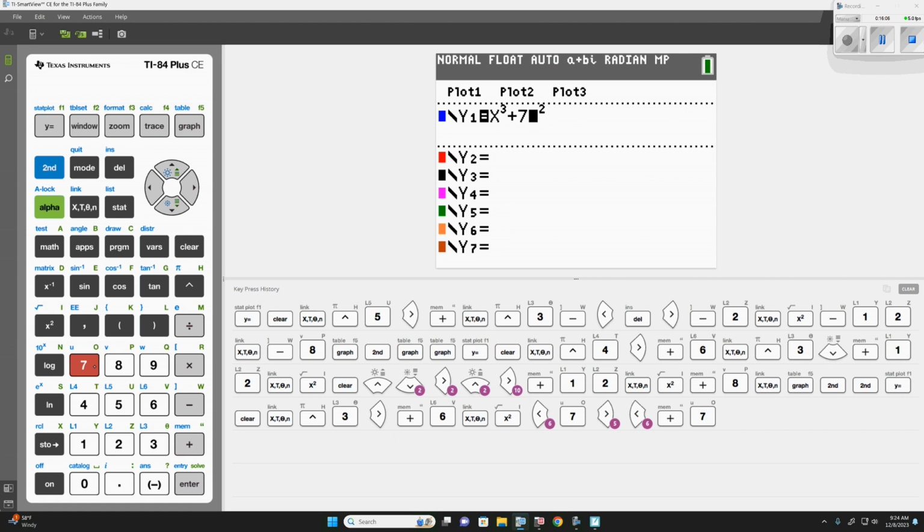This is why I normally try to hold on to a note sheet. And hit graph, see what we get.